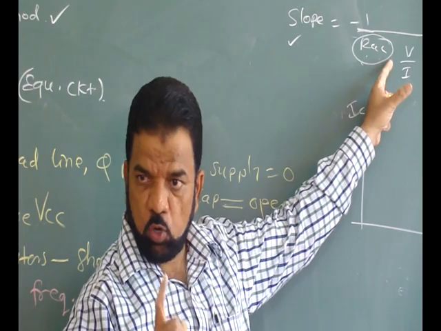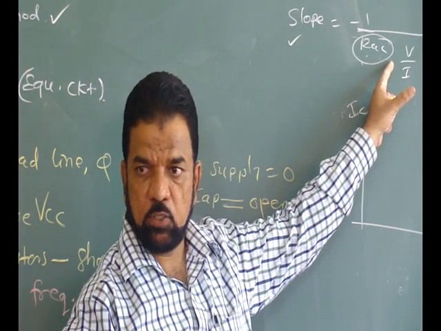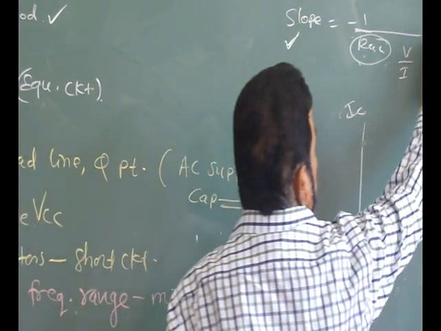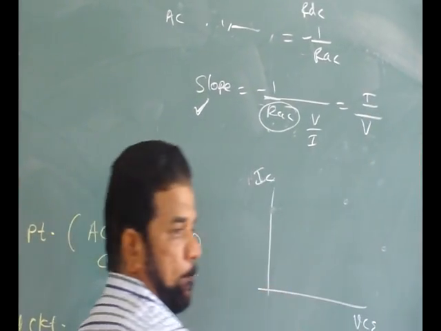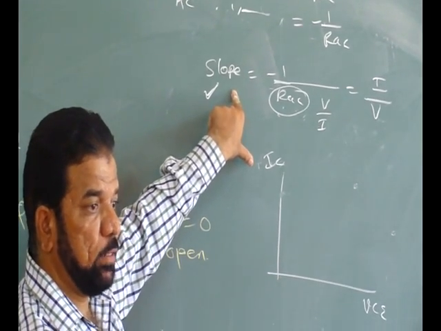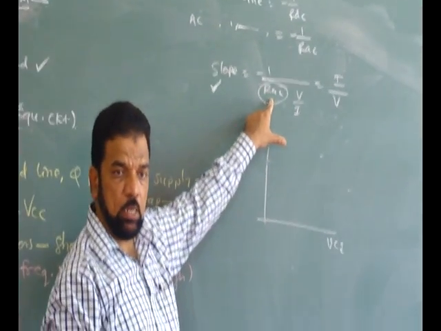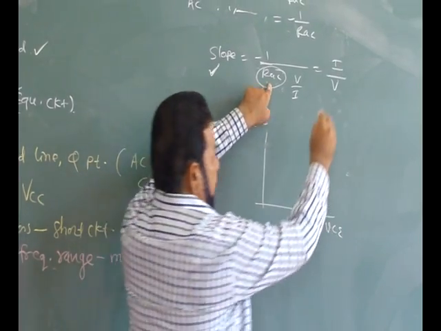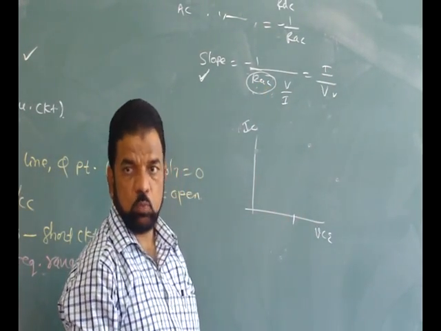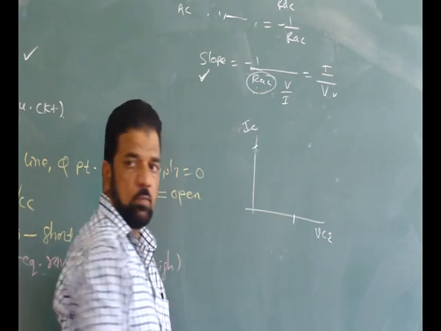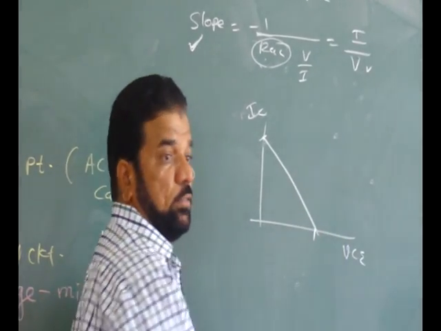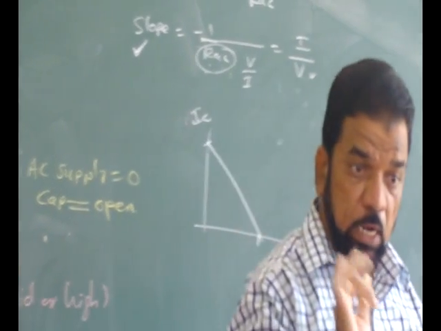If you assume one quantity, you can calculate the other. Very simple logic. This value is known because we know RC and RL. Now if I assume V is equal to 1 volt somewhere here, I can calculate the I. And if I join these two points, I will get a line of the desired slope.